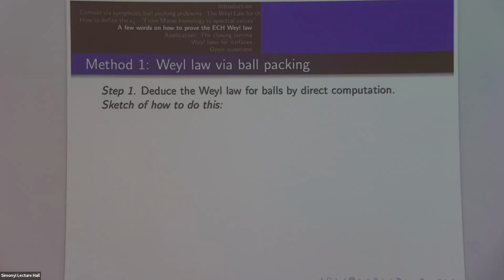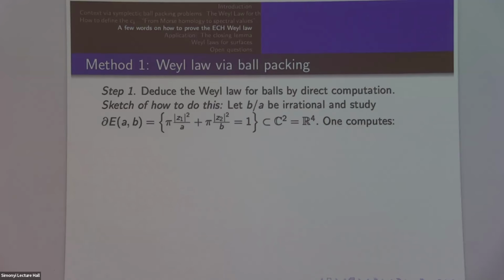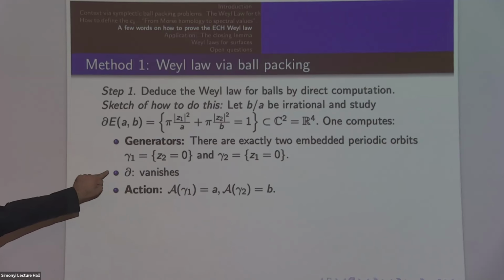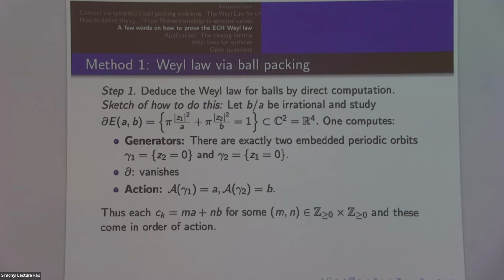You can try to do it by just reducing to the case of balls by direct computation. Luckily, I already went through this with the question that was asked. So you perturb the ball a little bit to be an ellipsoid. You compute the orbits, just like I said. It turns out that this is another perfect Morse function case. The differential vanishes. The actions go exactly how you want.